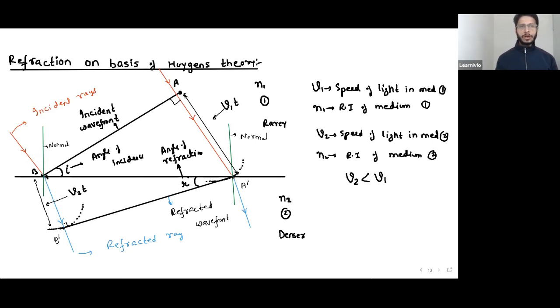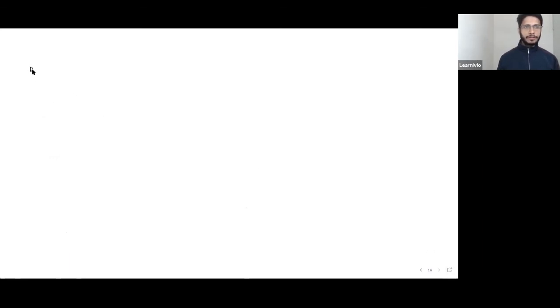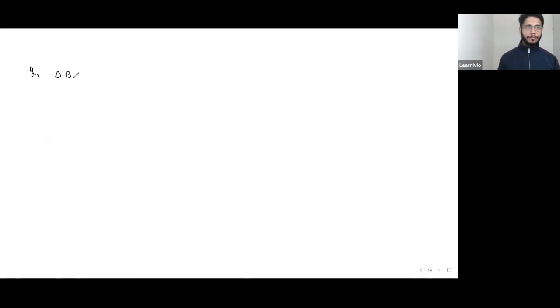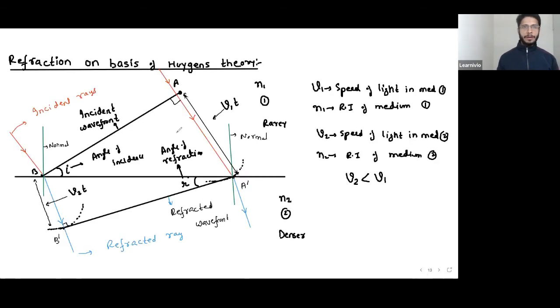To prove Snell's law, I'm taking these two triangles, BA prime and BA prime B prime. In triangle BA prime, I write sin I is perpendicular by hypotenuse.